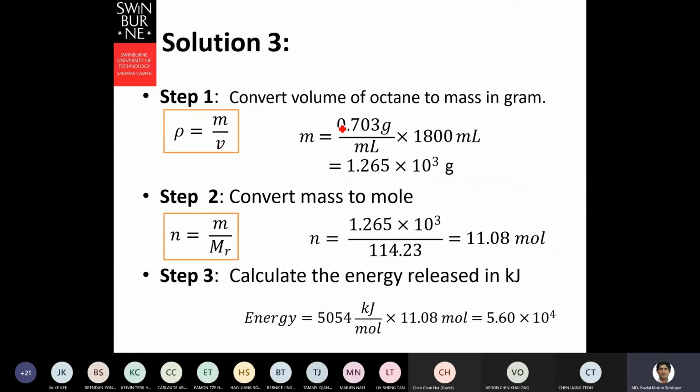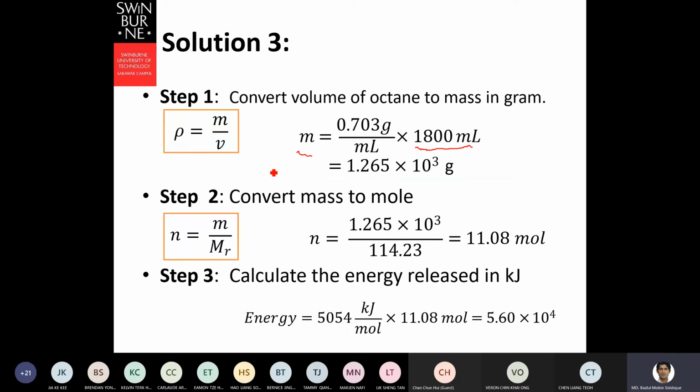Just multiply by 1000 and I find 1.8 liters is actually 1800 milliliters. And we multiply with this density, because rho, this is not P, this is rho, equals m over v, that is density is mass over volume. From there we find the mass of 1.8 liters of octane.